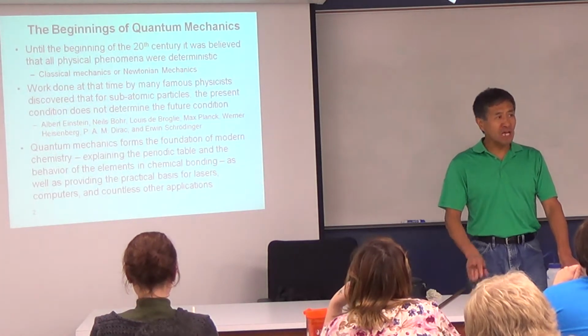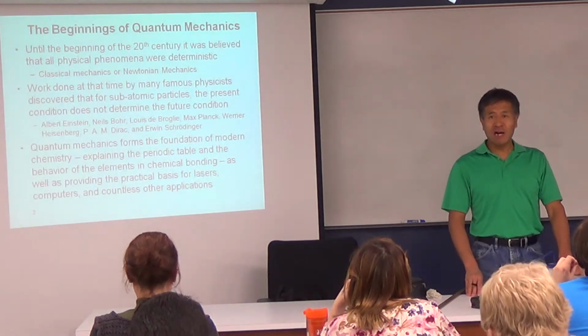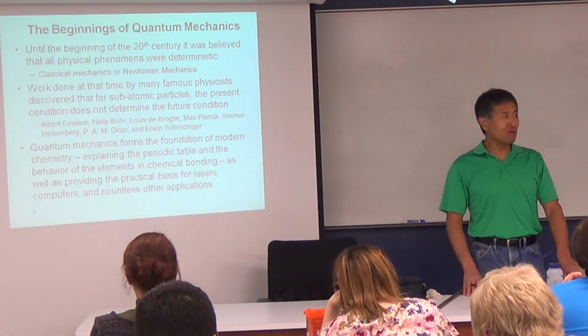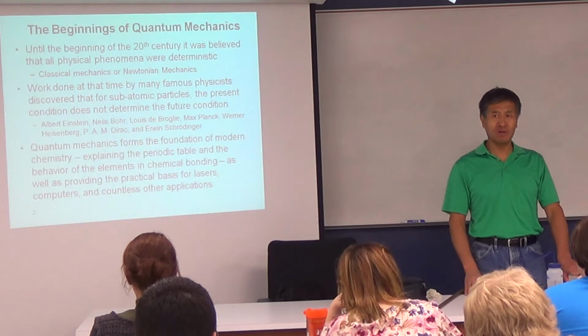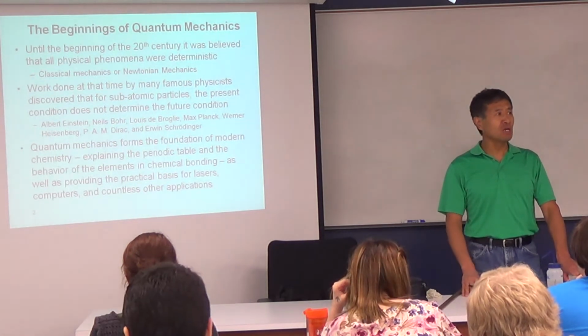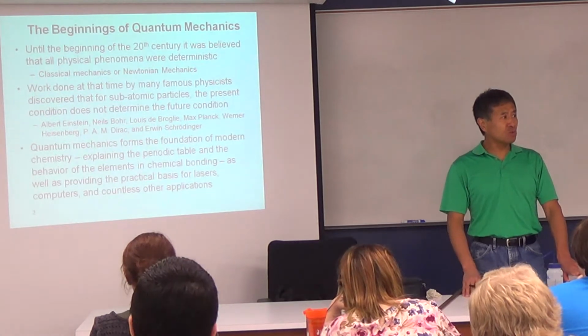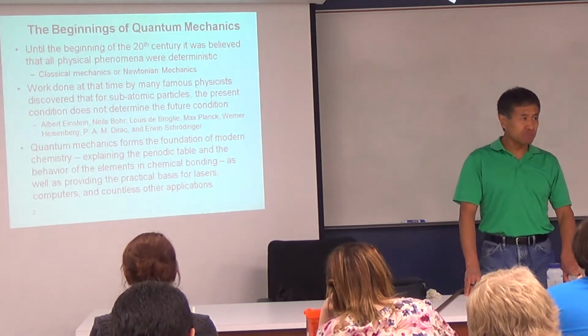For example, the behavior of electrons, the behavior of some of those other smaller particles in the atoms, and later on more and more evidence, people even found that the behavior of atoms or even larger molecules, like some very large biological molecules, cannot really be understood purely using Newtonian mechanics.